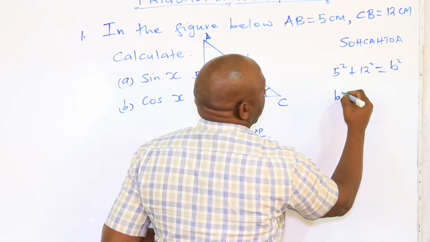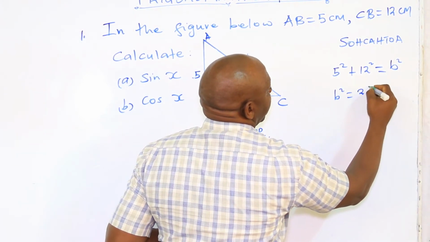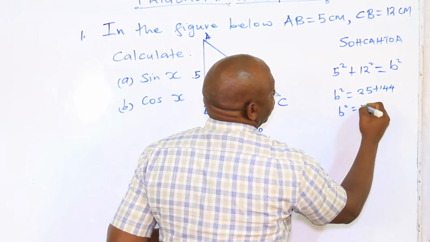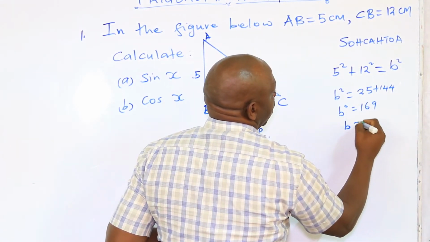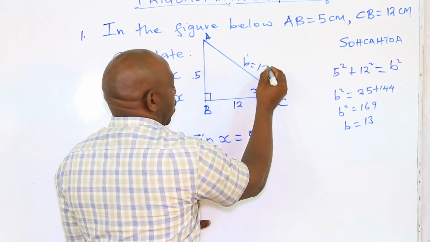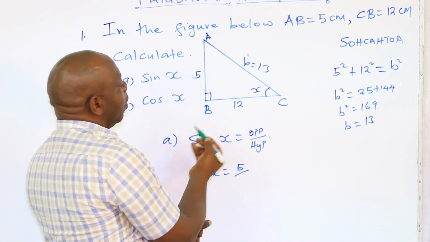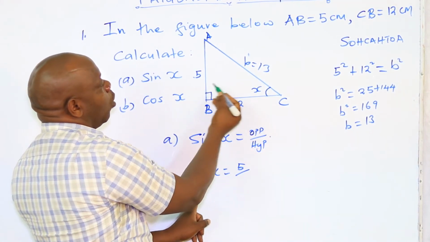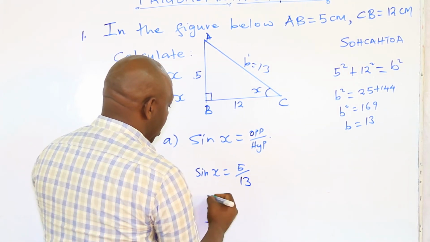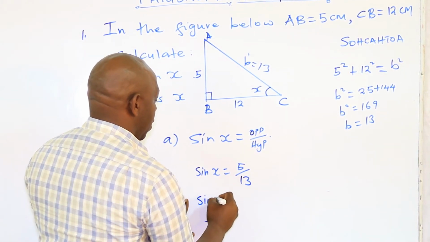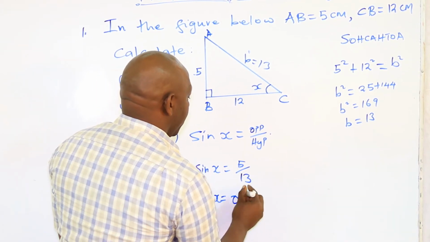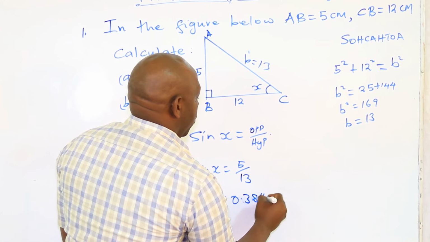So b squared equals 25 plus 144. b squared equals 169. b equals 13. So we are saying this is 13. So sine of x is opposite over hypotenuse, 5 over 13. And therefore our sine x equals 0.3846.